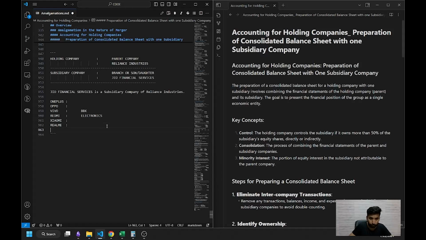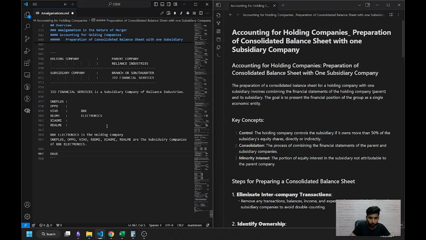So in this case, BBK Electronics is the holding company, and OnePlus, Oppo, Vivo, Redmi, Xiaomi, and Realme are the subsidiary companies of BBK Electronics, or I should say the daughter companies.